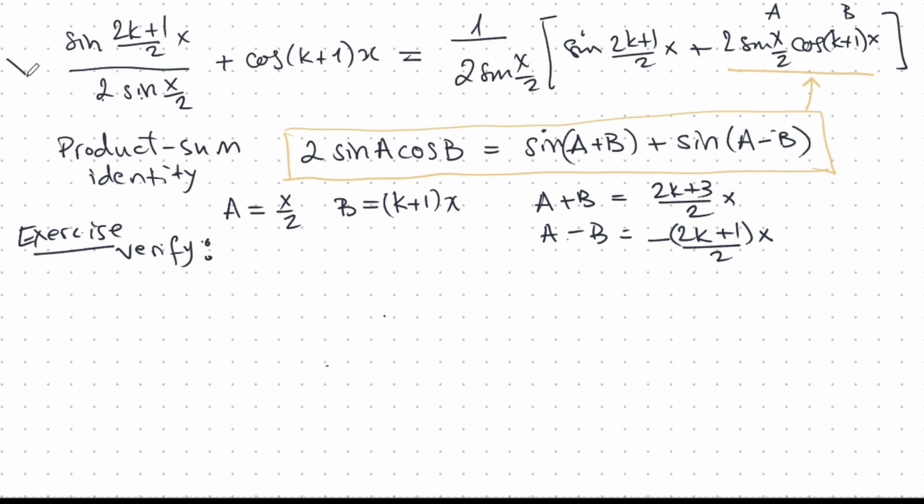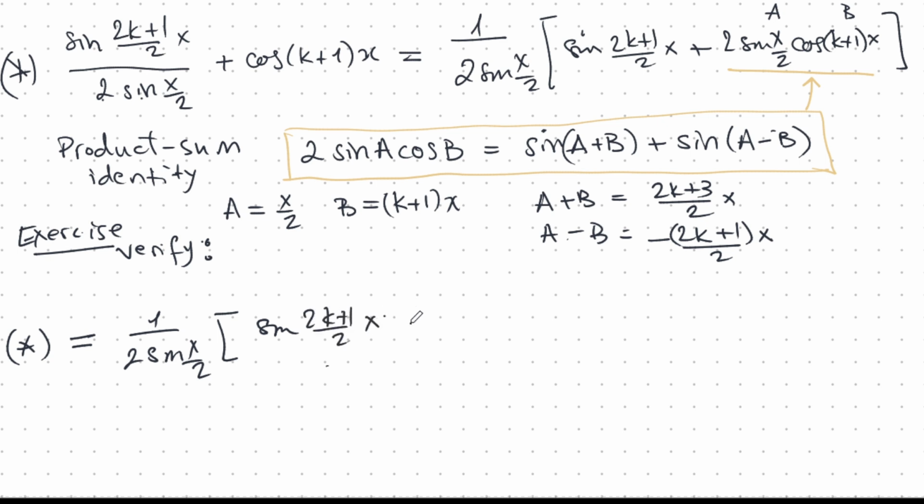And so if I go back to my expression here, this is now equal to 1 over 2 sin(x/2) times sin((2k+1)x/2). And watch this incredible magic. So I have here sin((2k+3)x/2). That's this one.